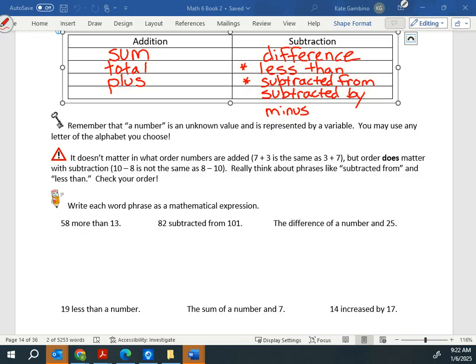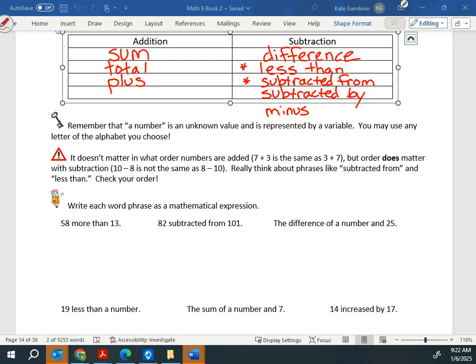But the order does matter with subtraction. 10 minus 8 equals 2. 8 minus 10 equals what? Kids? Negative 2. Two very different numbers on that number line. Positive 2 and negative 2 are different.